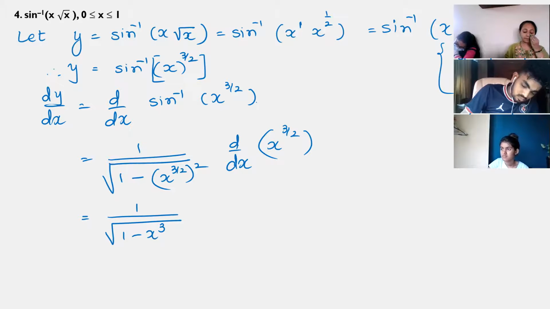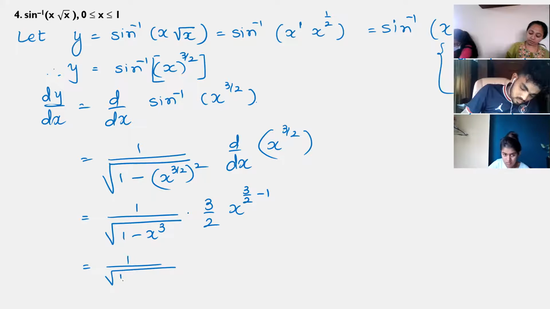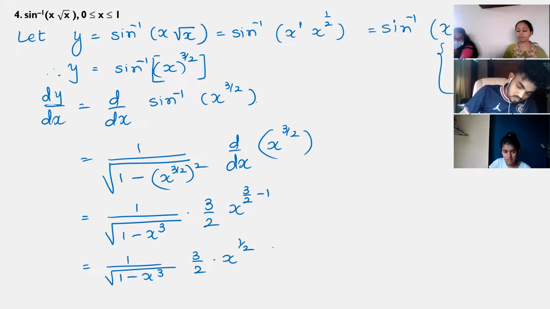Fine, this is done. Okay, what about the power thing? n into x to the power n minus 1. That means 1 by under root of 1 minus x cube, 3 by 2 to the power, this we do LCM and we get 3 minus 2 by 2, which is 1 by 2. 1 by 2 is half, by the way. So half means root x.